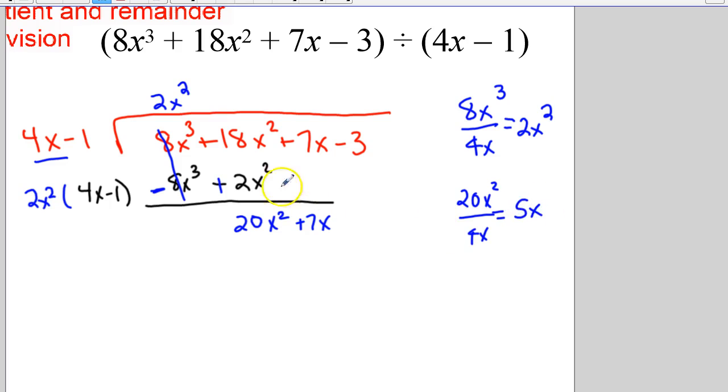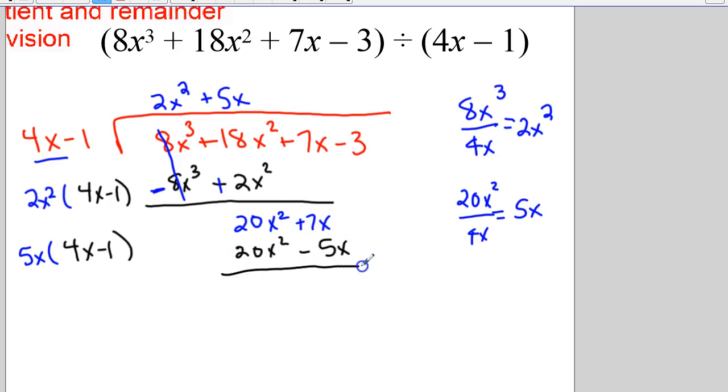Well, that's 5x. So I'm going to write my 5x on top, and then I'm going to take my 5x and I'm going to multiply it by the same 4x minus 1. When I distribute that through, I get 20x squared minus 5x.